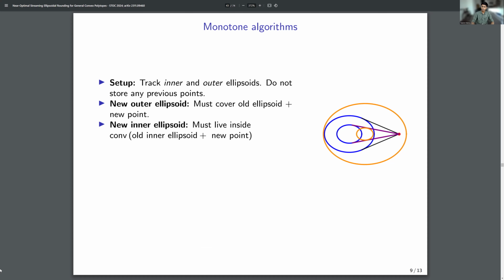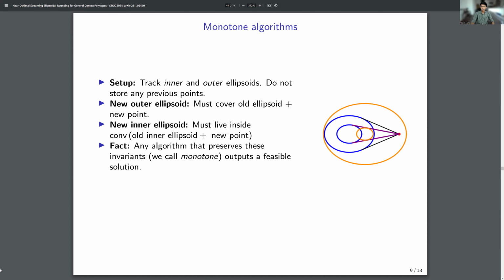So in this picture, it's the convex hull of the inner blue ellipse, the two purple lines, and the red point. As long as we manage to design an update rule such that the new inner ellipsoid lies as is shown in the picture, then we will always obey the invariant that the pair of ellipsoids that we maintain will always inscribe and circumscribe the convex hull of the points that we've seen.